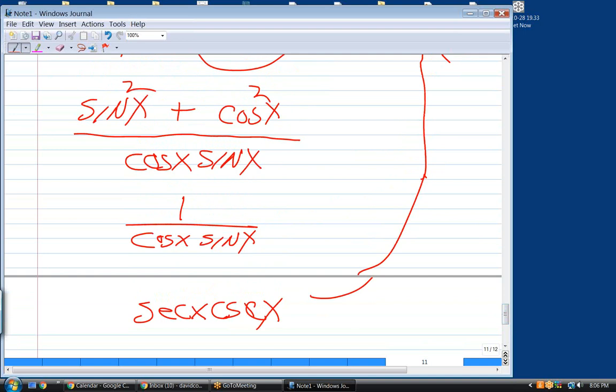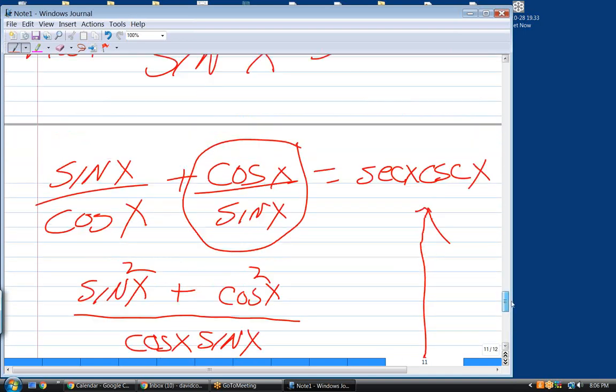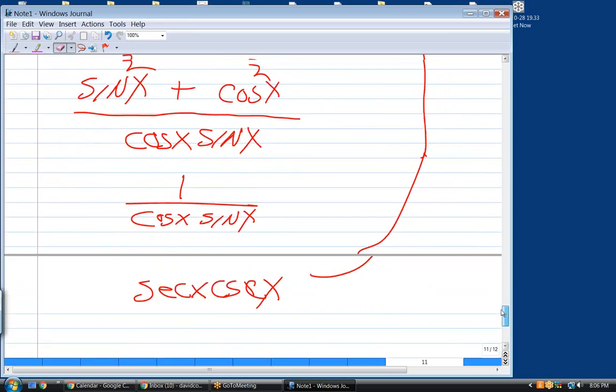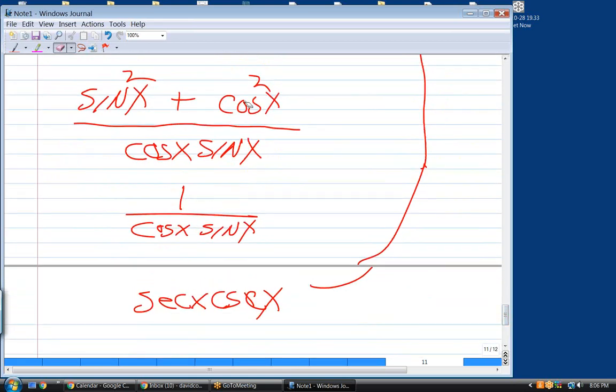So if I'm looking for reasons here, I'm adding two fractions using a common denominator to get the second step. To get the third step, I'm using the Pythagorean identity to replace sine squared plus cosine squared with the number 1. And the third step is using the reciprocal identities.